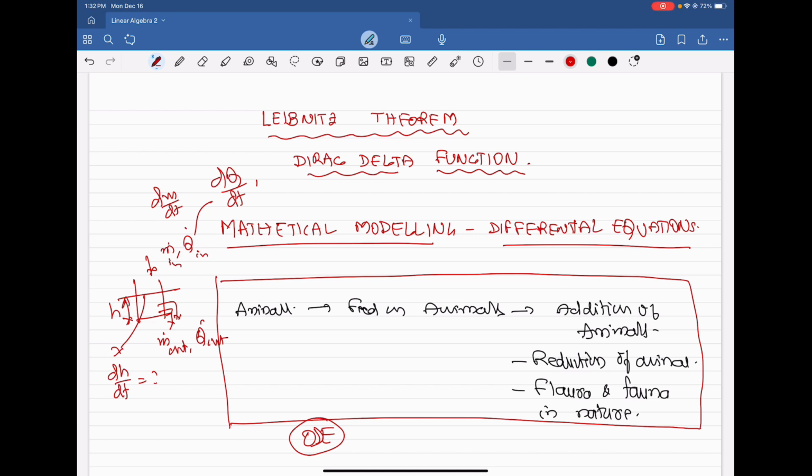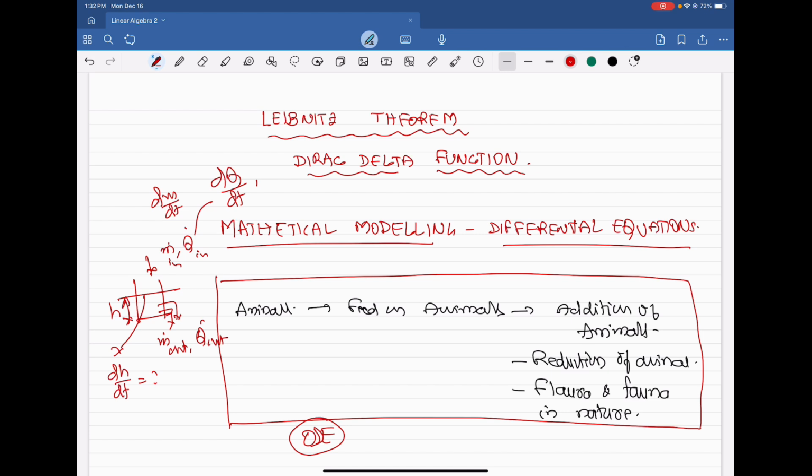Initial boundary conditions. And we'll try to solve. This is the idea of the modeling. Once we get an idea of the modeling, then the differential equations will be solved automatically one by one without much complexity. We'll try to understand the mathematical modeling also.